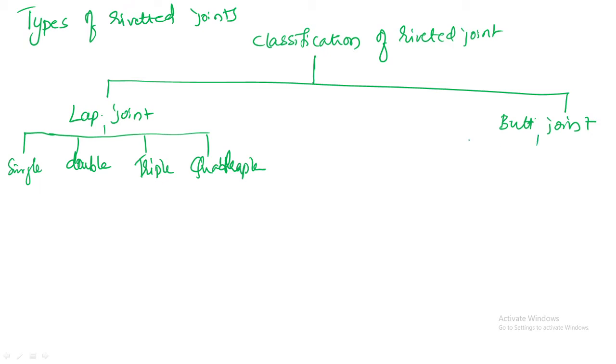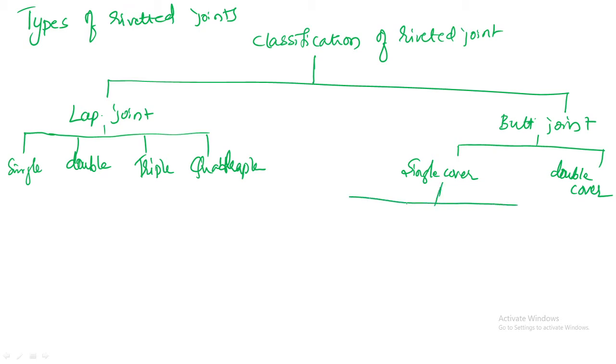In the butt joint, it is mainly classified as whether it is a single cover or a double cover. Then again, in single cover you can classify it as single riveted, double riveted, triple riveted, quadruple riveted.